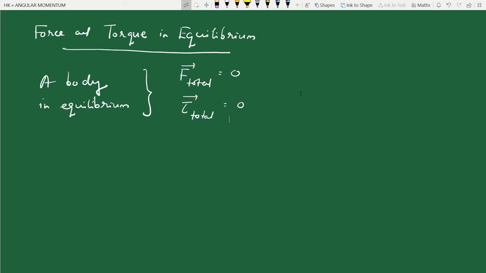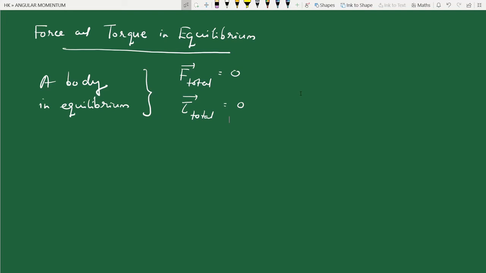Usually, the most convenient choice of origin is a point where several forces are acting. So we look at a body, we identify the different forces acting on the body at different points, and to calculate torque, we choose a point where the maximum number of forces are acting. Why?